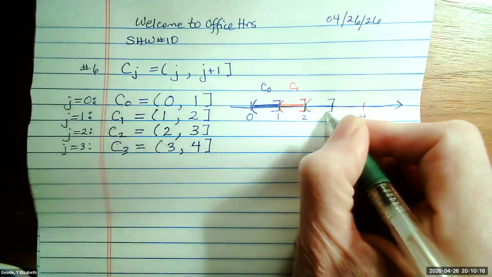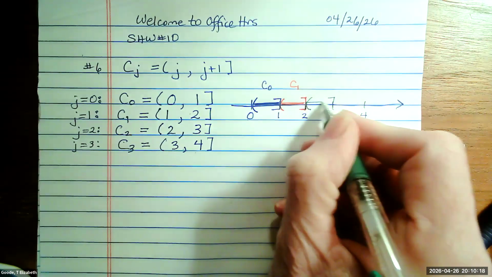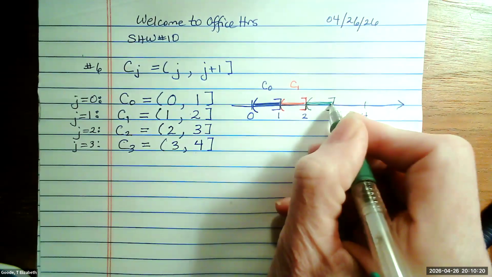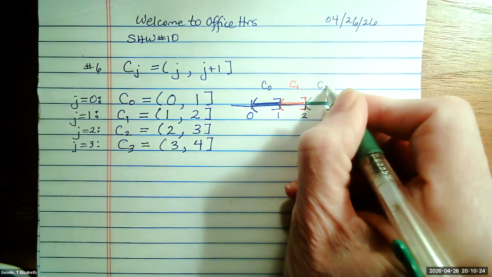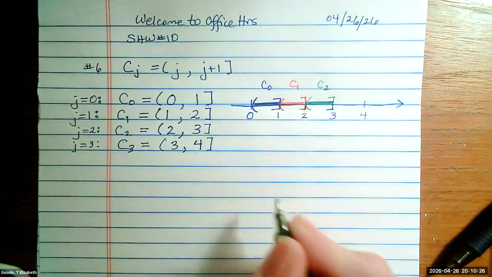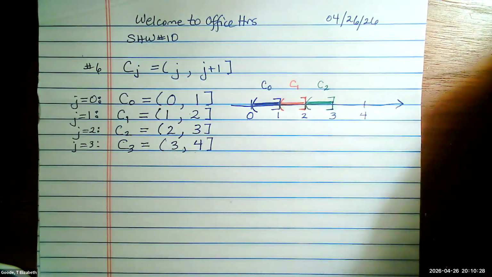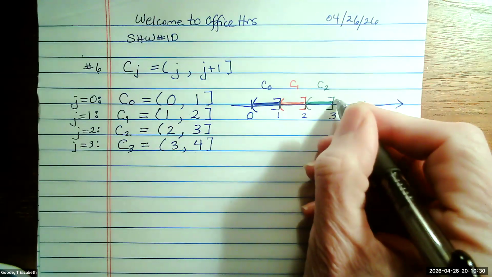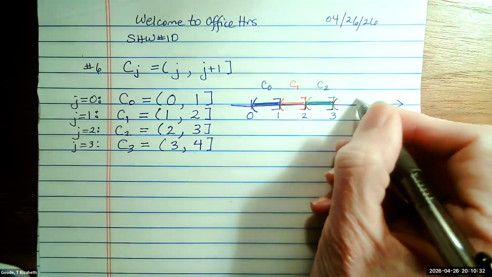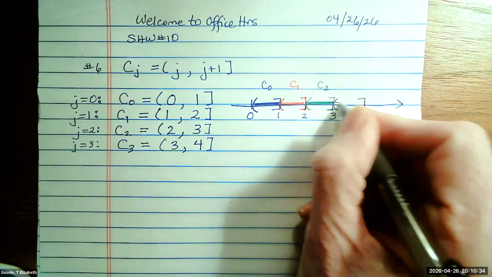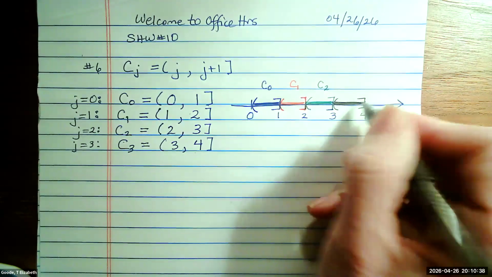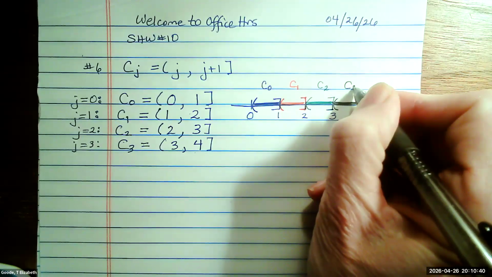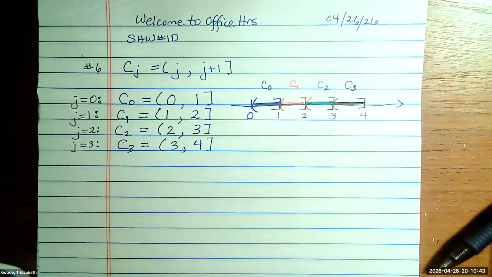It's right next to it. And then there's the 3 that we do include. And it's everything in between 2 and 3, including the 3, but not including the 2. And then finally, C3 does not include 3, does include 4, and all the real numbers in between. These are infinite sets. All of these sets are infinite sets. Okay?